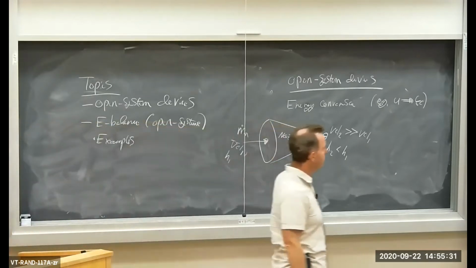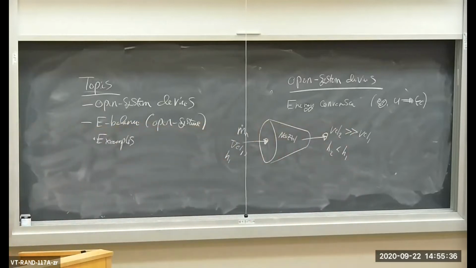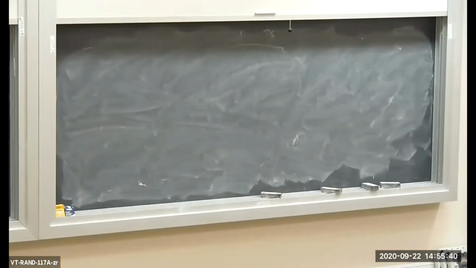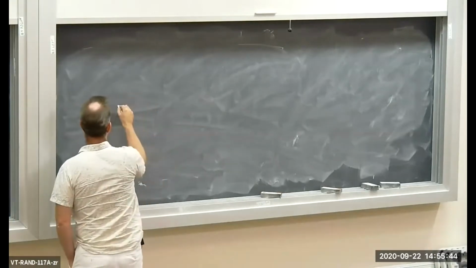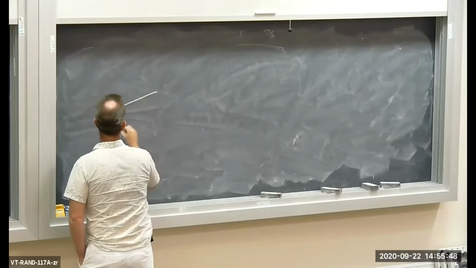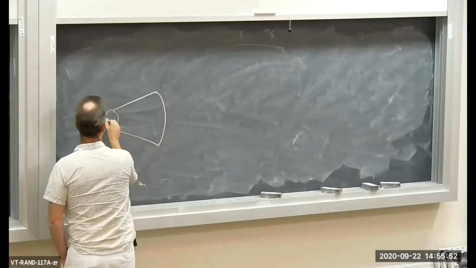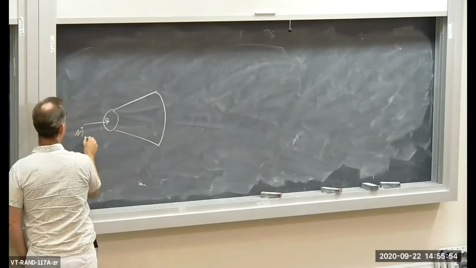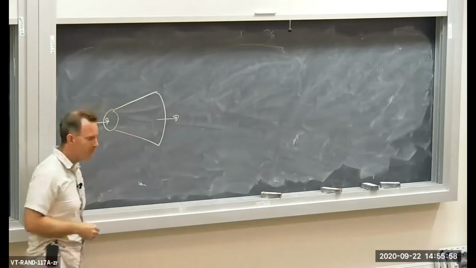The opposite device, a device that converts kinetic energy into pressure work and internal energy, is called the diffuser. So here we have a small inlet and the flow gets expanded. We have m dot in and we have the outflow.